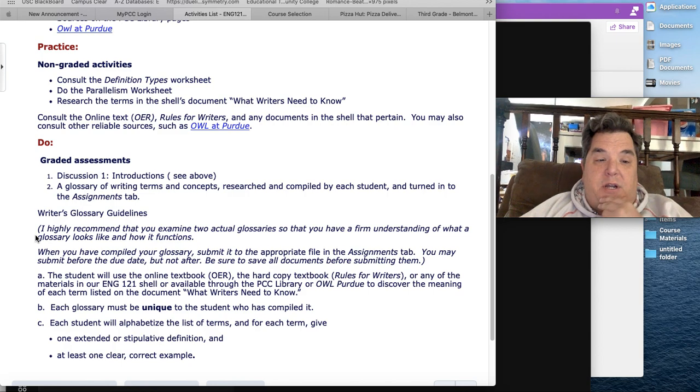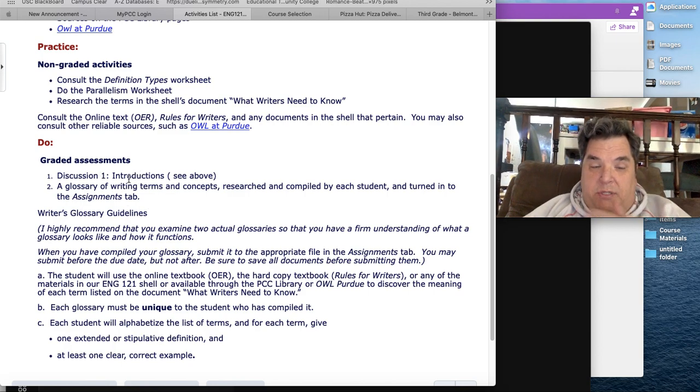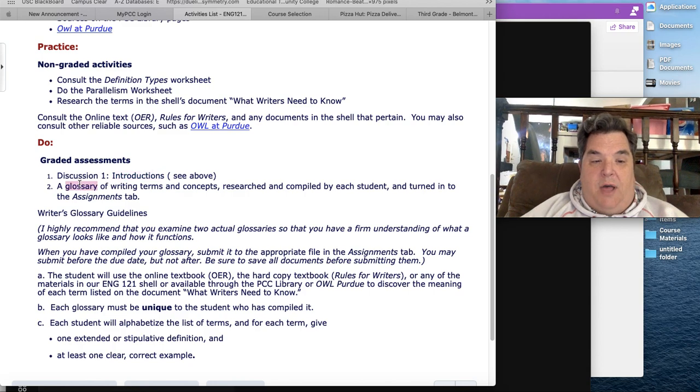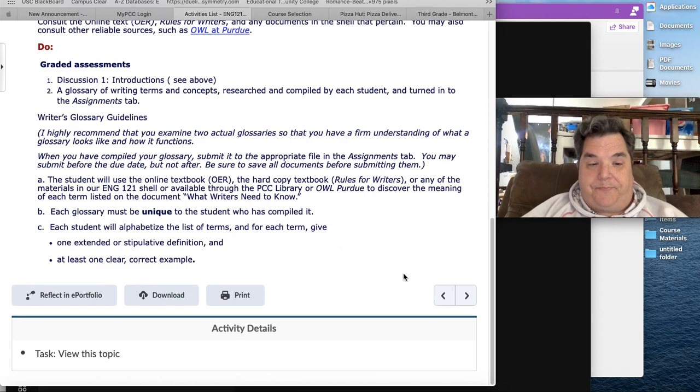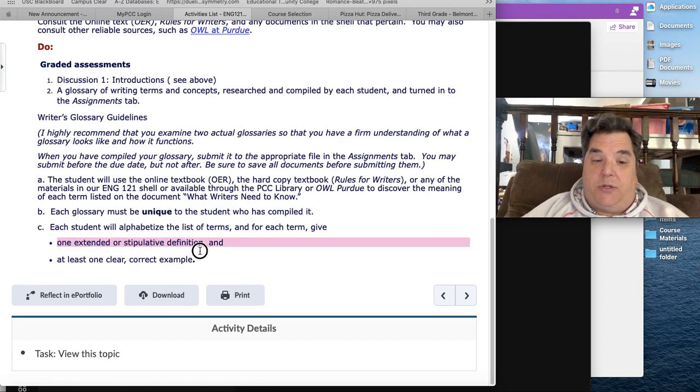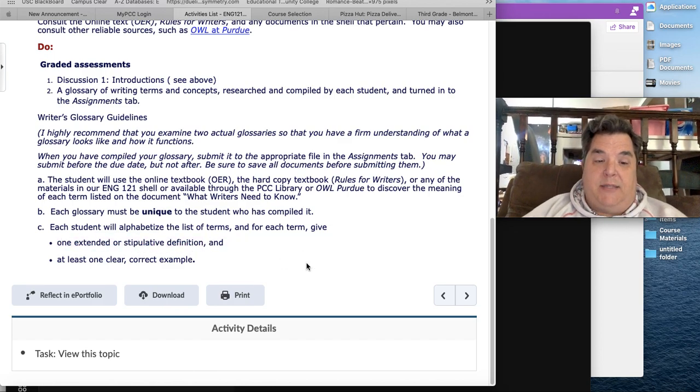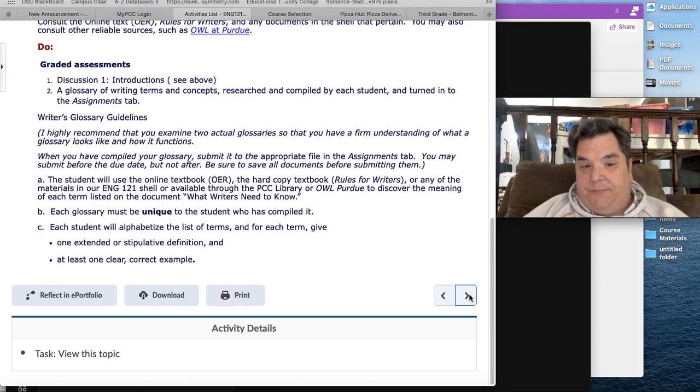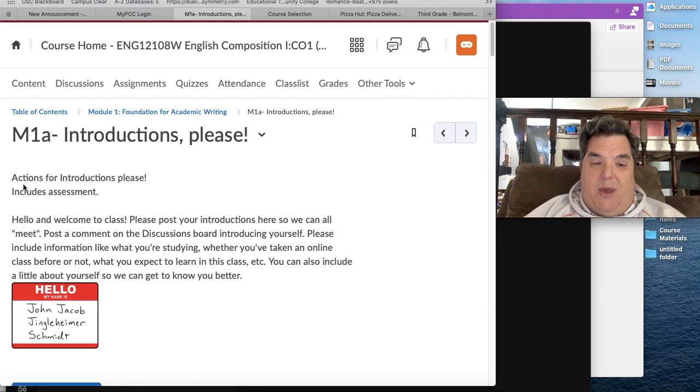There are two things that are going to be graded: the introductions, as I mentioned above, and then a glossary of writing terms. Each term has to have one extended or stipulative definition, and then at least one clear, correct example. So make sure that you have the extended or the stipulative.